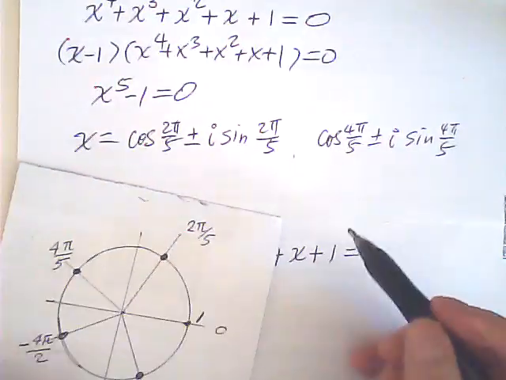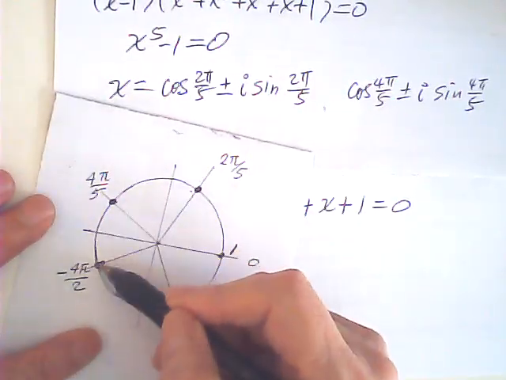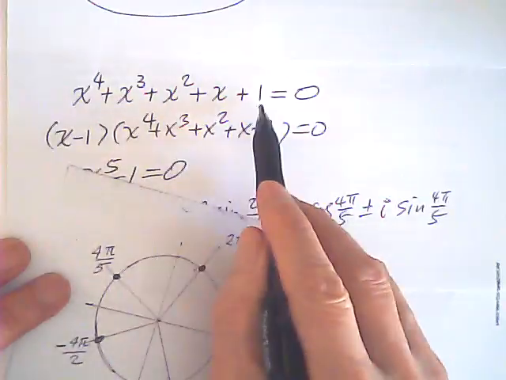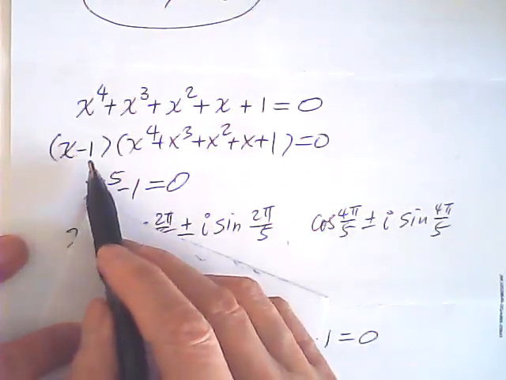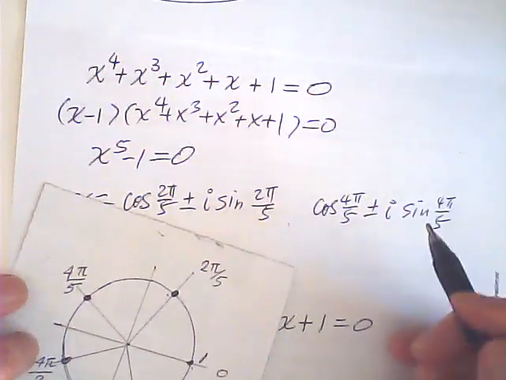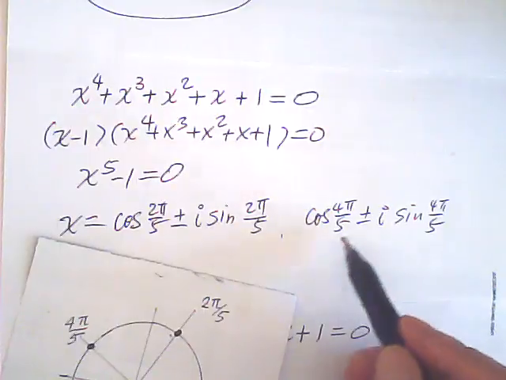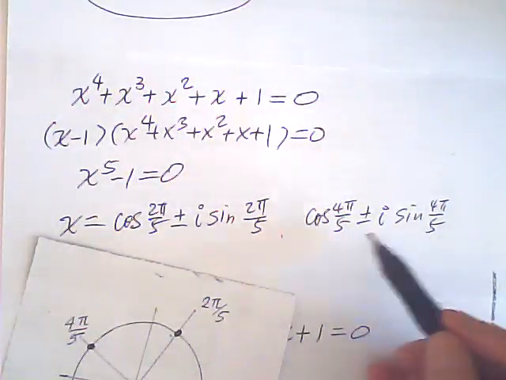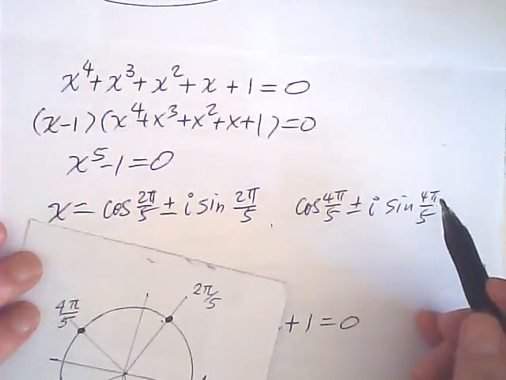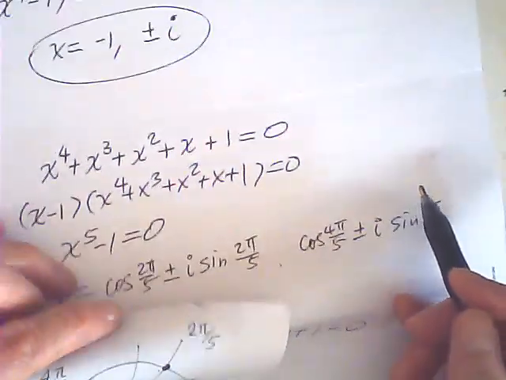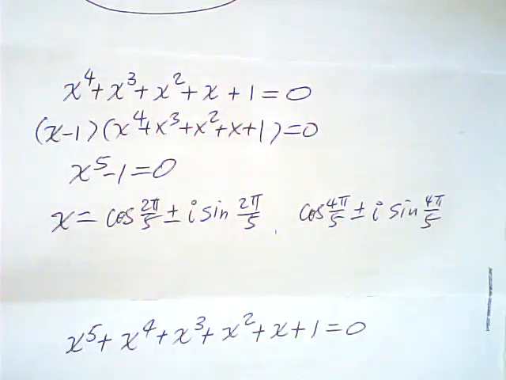So these are 4 roots, 1, 2, 3, 4, belonging to this equation. This one belongs to this. If you want a numerical approximation, we can have it easily using a calculator. So this is a very, very good method.